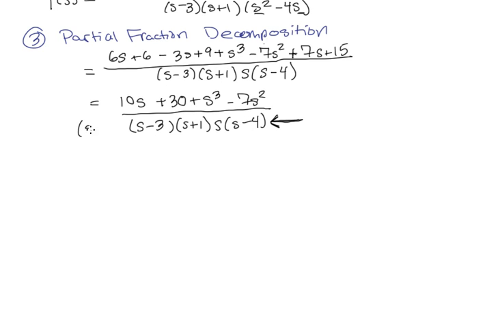This wouldn't be distinct if we multiplied this by s minus 4, because s minus 4 times s minus 4 will get us s minus 4 squared, and that's not distinct. So it's really nice that we have distinct linear factors, and because of that, it's going to be very easy to do the partial fraction decomposition.